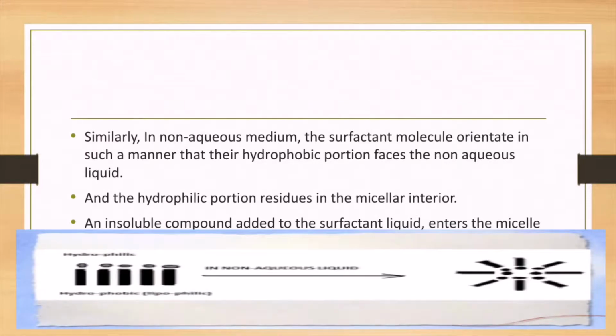Now in non-aqueous media, the surfactant molecules orient in such a manner that their hydrophobic portion faces the non-aqueous liquid and the hydrophilic portion resides in the micellar interior. So here a totally opposite scenario is shown, where the solvent is non-aqueous, for example an organic solvent like benzene, ether or chloroform.